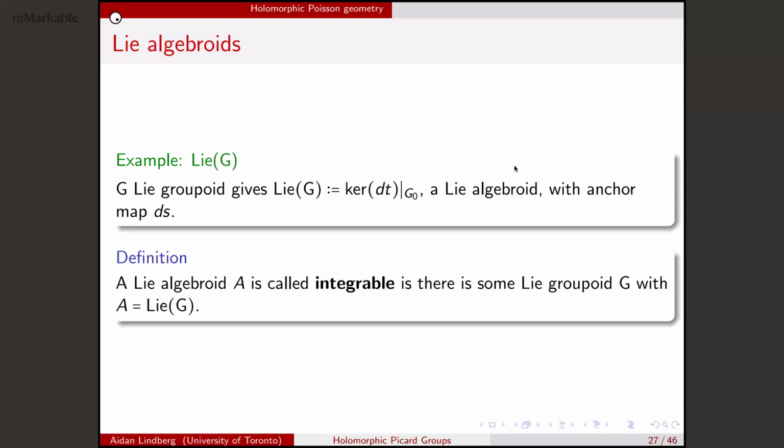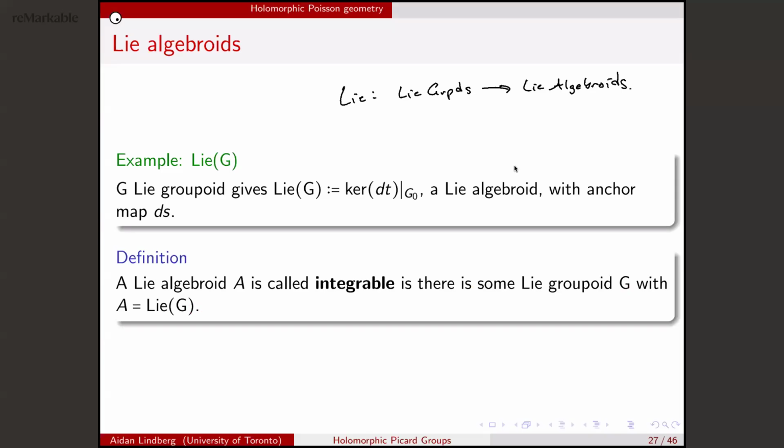It's just that you should know that there's a differentiation functor, which takes Lie groupoids to Lie algebroids. And we're going to say that a Lie algebroid is integrable if it's in the image of this functor. So if there is some Lie groupoid G where A is Lie of G. In this case, we'll say that the Lie groupoid integrates the Lie algebroid.